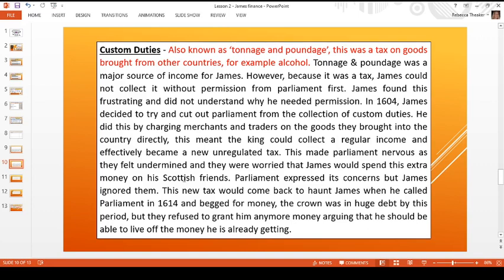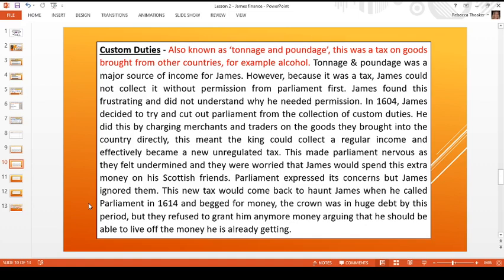When he called Parliament in 1614, so this is 10 years later, he calls Parliament and he begs them for money. During this time period, James is suffering terribly from huge debt. His eldest son had died in 1612. His closest advisor, Robert Cecil, had died, and his spending goes out of control.